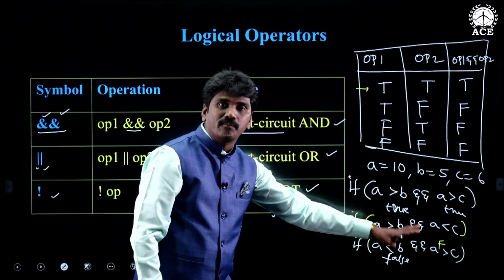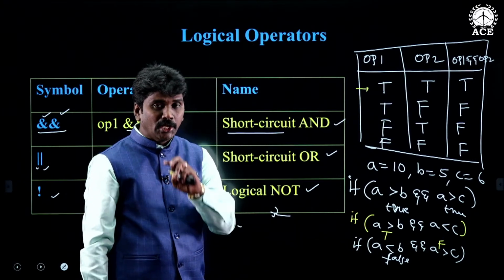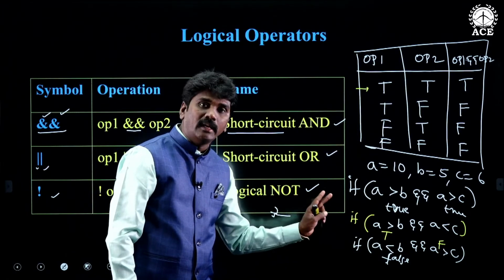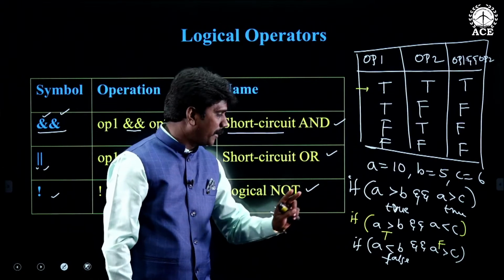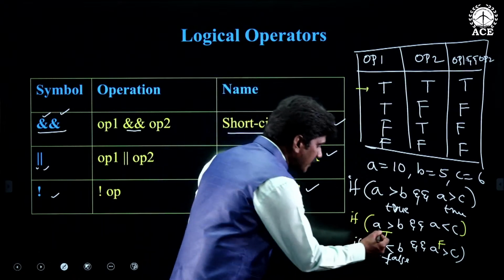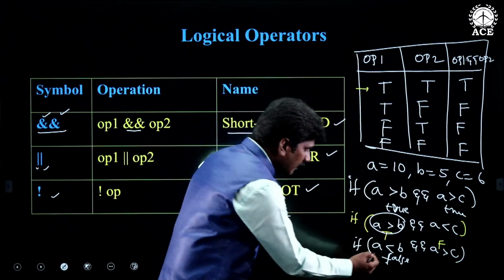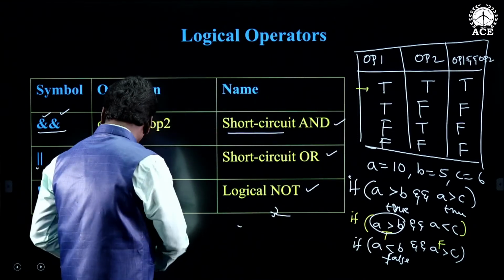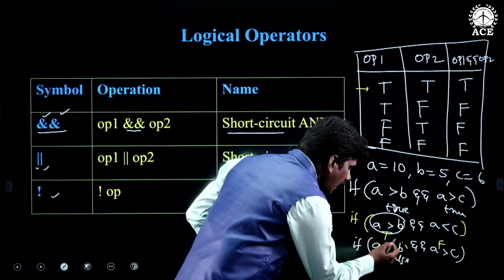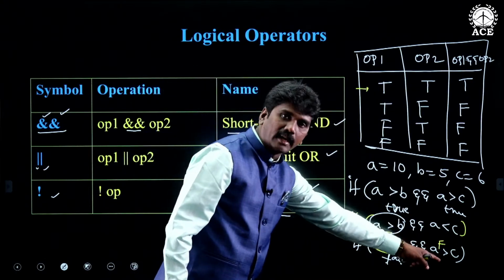That type of condition checking is going to be done with the help of short circuit AND. If we use the double ampersand, short circuit AND comes into the picture. Whenever the first condition is true, then only it is going to check the second one. In this case, A less than B is already false, so no need to check the second condition.